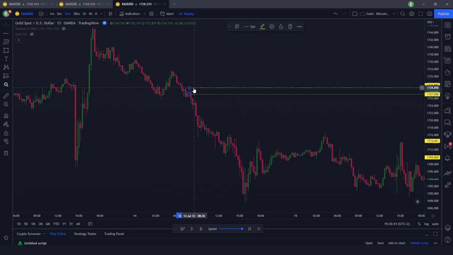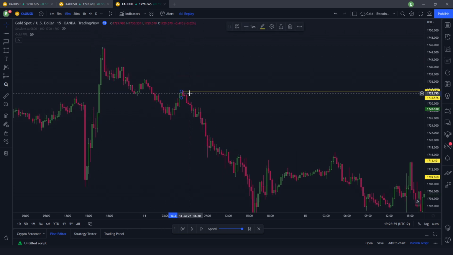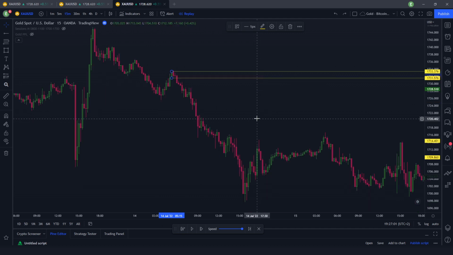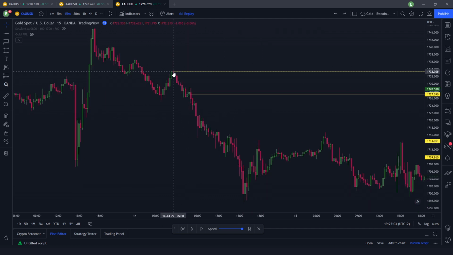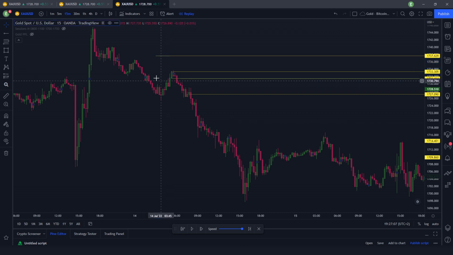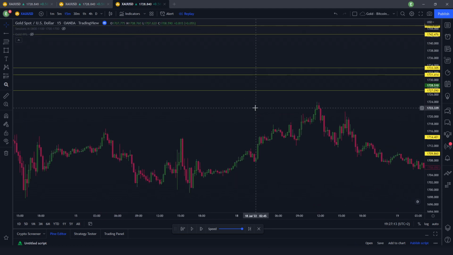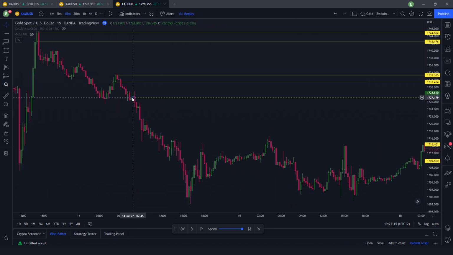We could have this one on the top, and this one, but I think it's a little too far away to touch, though maybe we will touch it anyway.